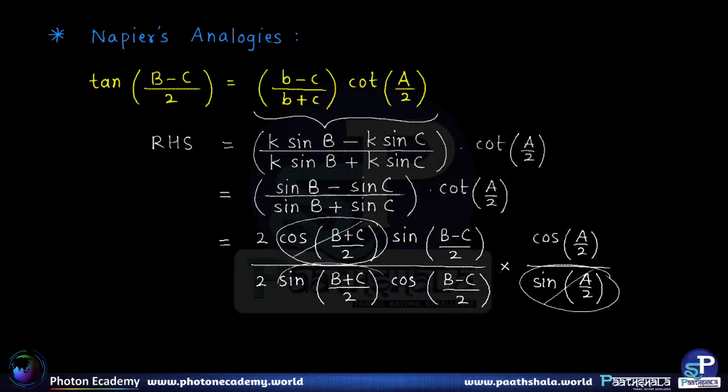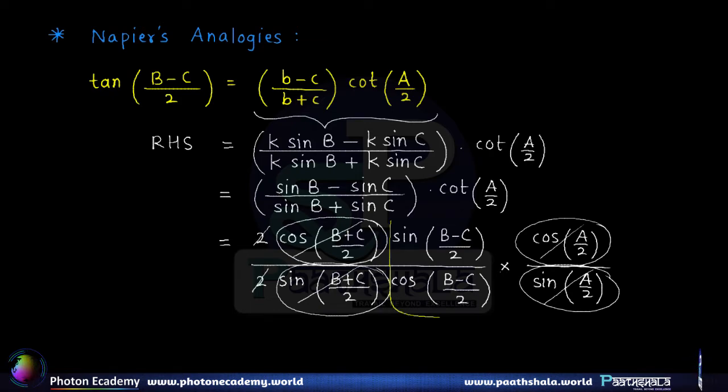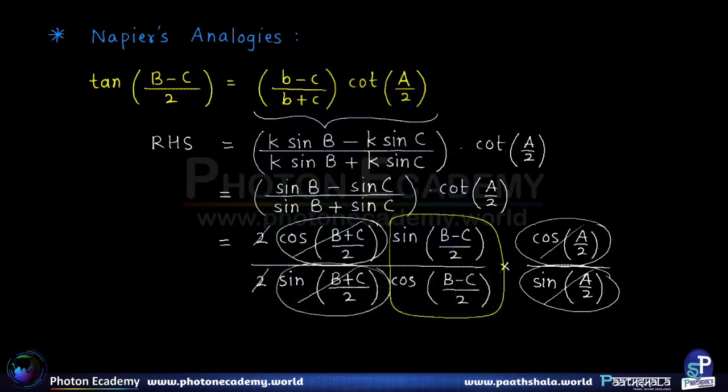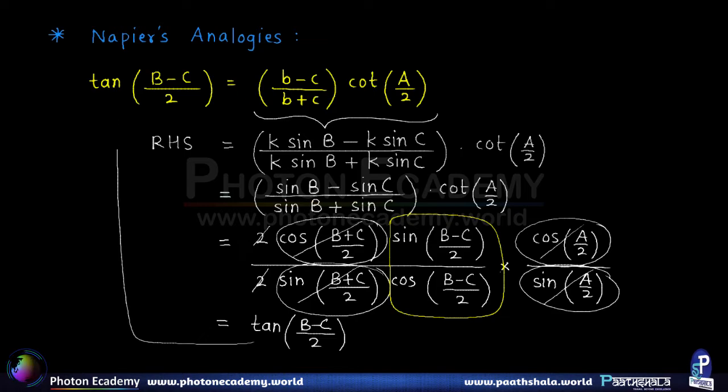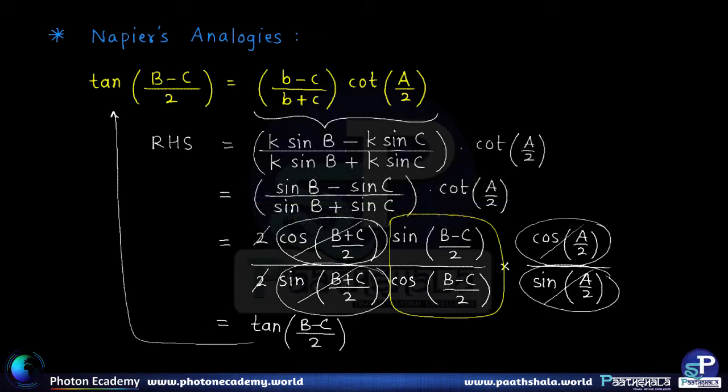Similarly, sin of (B plus C) by 2 is the same as cos of A by 2 in a triangle, so that is cancelled. 2 also gets cancelled. So what remains is sin of (B minus C) by 2 upon cos of (B minus C) by 2, which is nothing but tan of (B minus C) upon 2, and that is the left hand side. Right. So in this way we prove Napier's analogies.